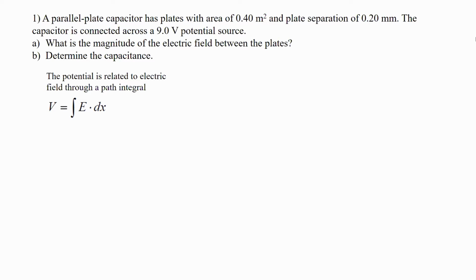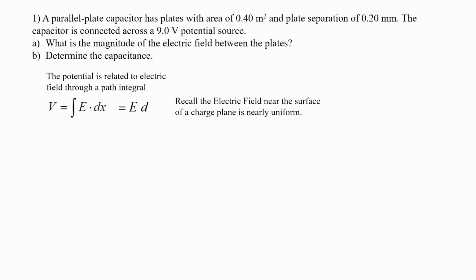All right. I recall the electric field near the surface of a charged plane is nearly uniform. So that being the case, electric field is constant everywhere in this volume between the plates, and d is the separation between the plates, d being 0.2 millimeters.